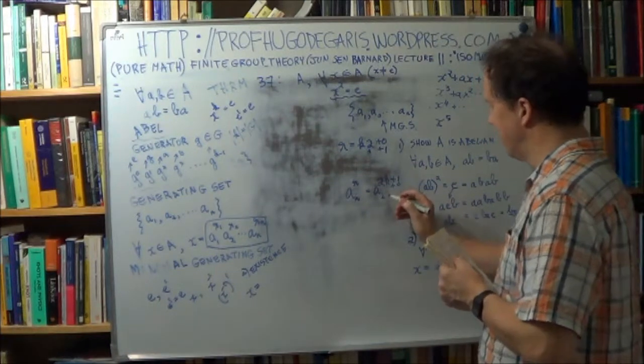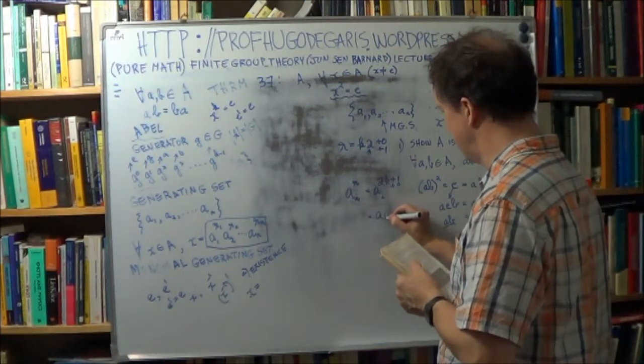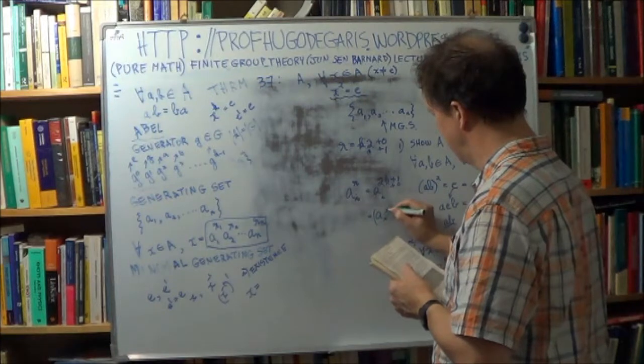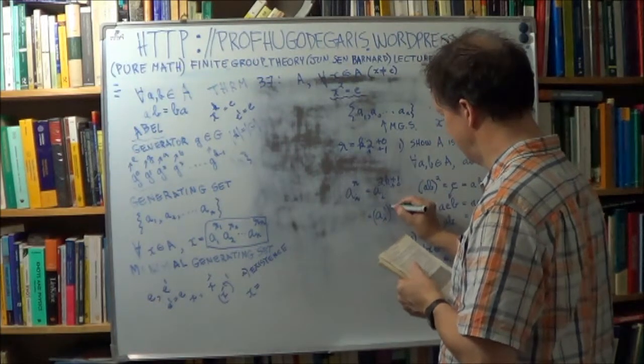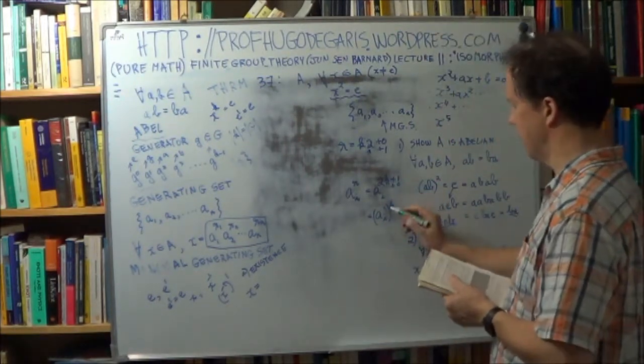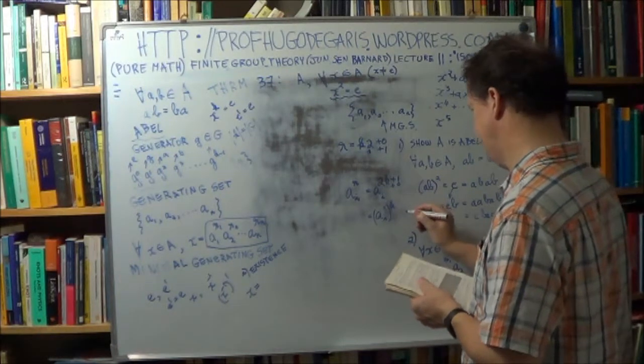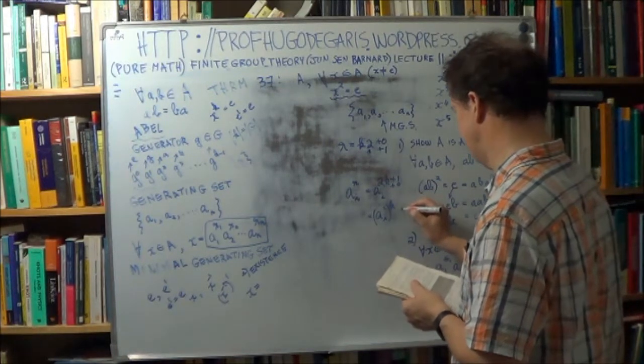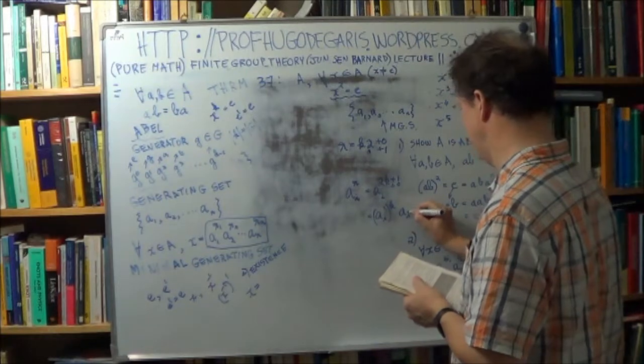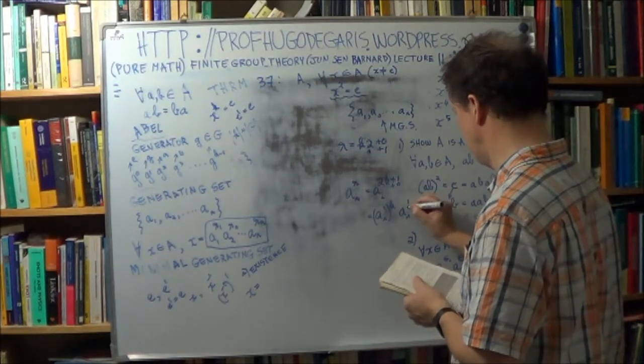That's a_i squared, putting the 2 inside, to the k, times a_i to the 1 or to the 0.